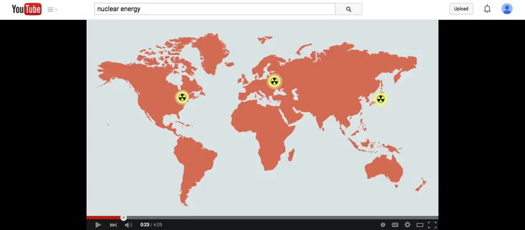But one of the cons is whenever you're dealing with a nuclear reaction, things can go wrong, like at these three locations. Most notably, since I'm dealing with energy sources in the United States, 3 Mile Island, which was a nuclear reactor failure that emitted a lot of radiation in the United States, which obviously we want to avoid when dealing with nuclear energy.